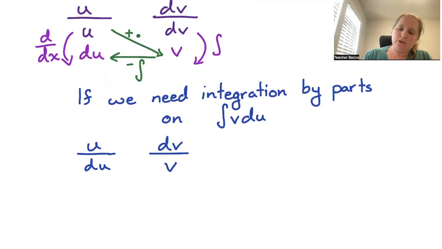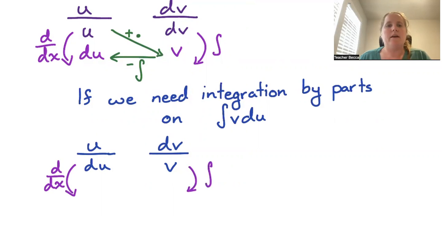And we can differentiate again and integrate again and do our integration by parts again on that. So we would again do positive product and then subtract the integral of the bottom row.